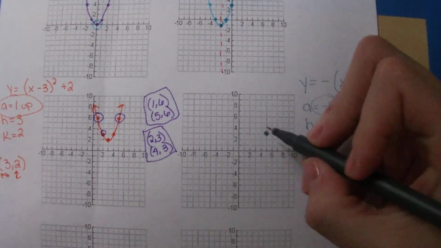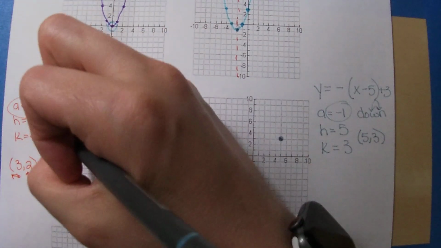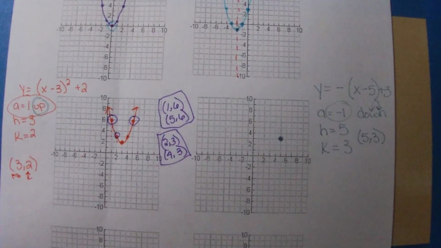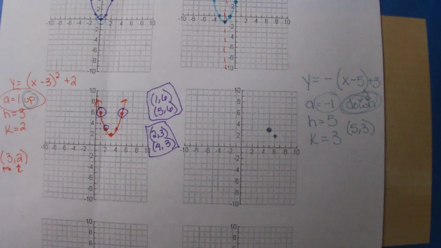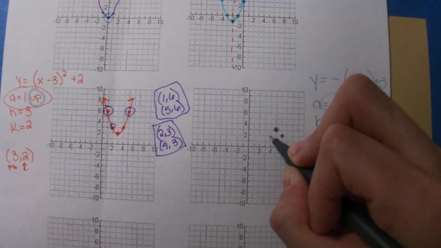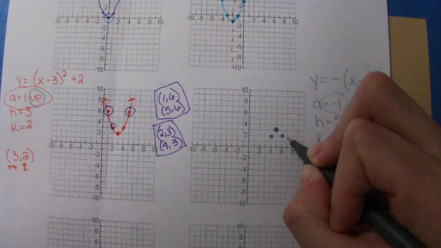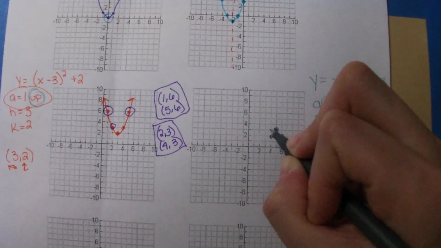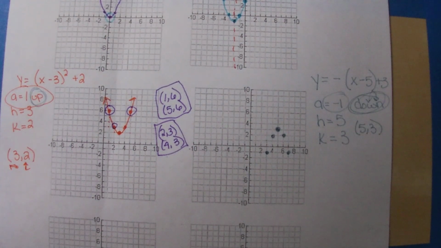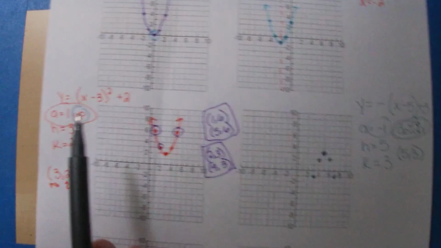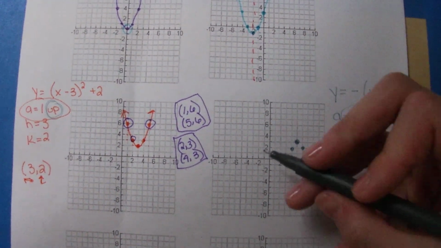But now instead of going over 1, up 1, I want to go over 1, down 1. And then over 2, down 4. Okay, so all I did was instead of going up when I wrote the word up, I'm now going down because I wrote the word down.